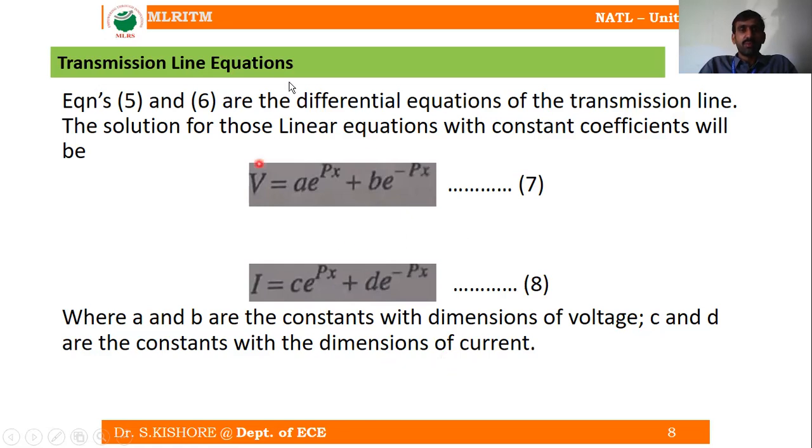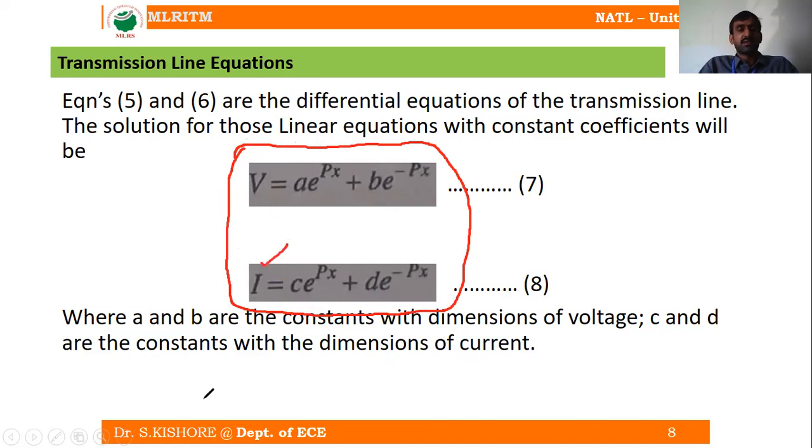So these are the two important expressions which govern the transmission line, the general equations of the transmission line.